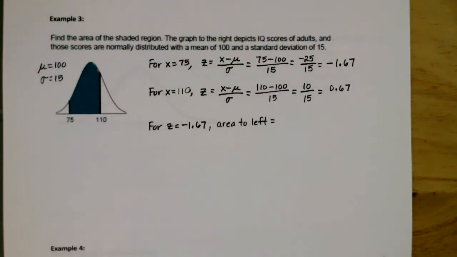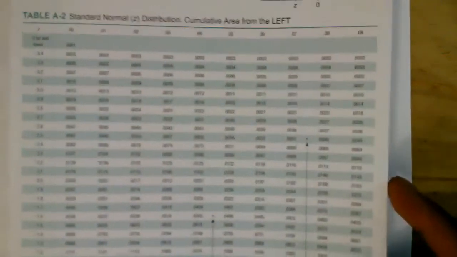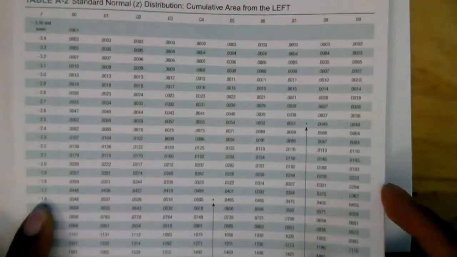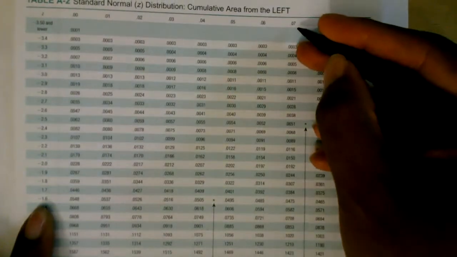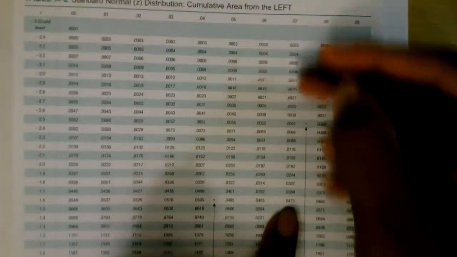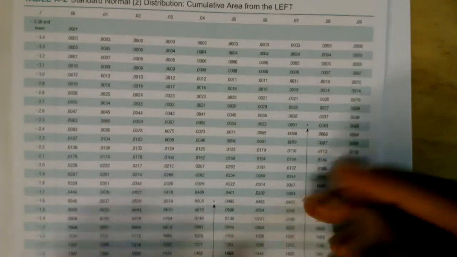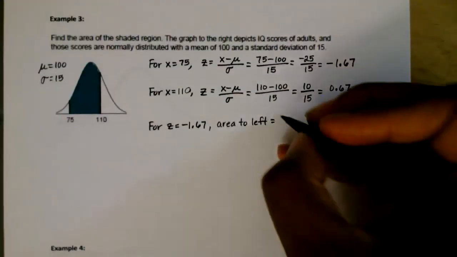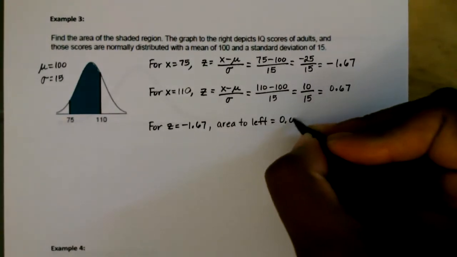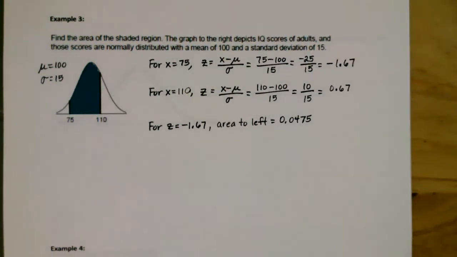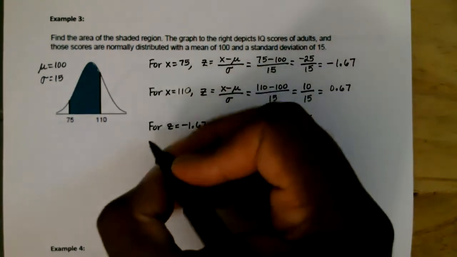So find negative 1.67 on the table. There's negative 1.6 and then 0.07. Read across and down. That area to the left would be 0.0475. Okay.